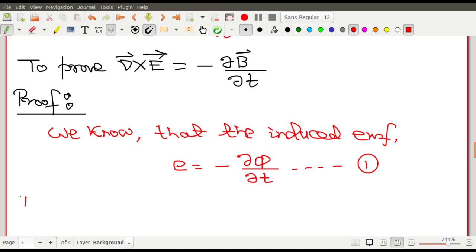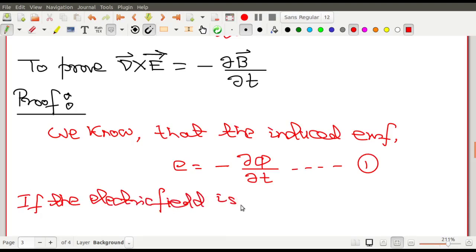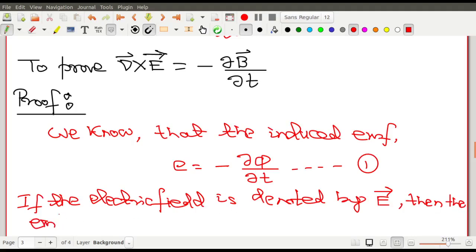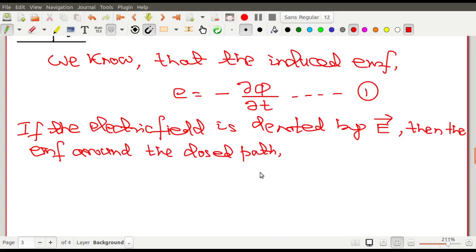Okay, next I write, if the electric field is denoted by E vector, then the EMF around the closed path is what?